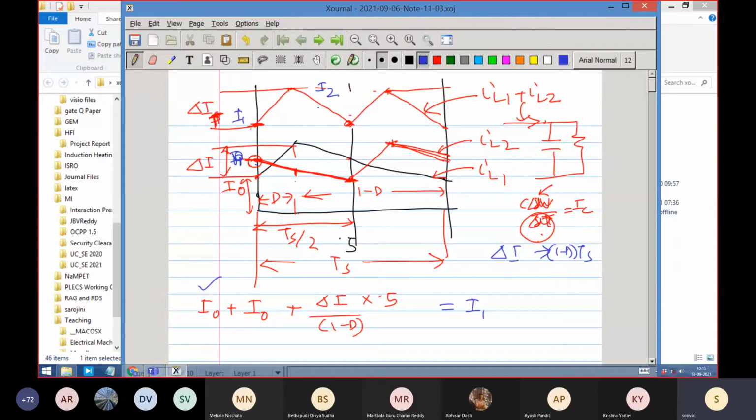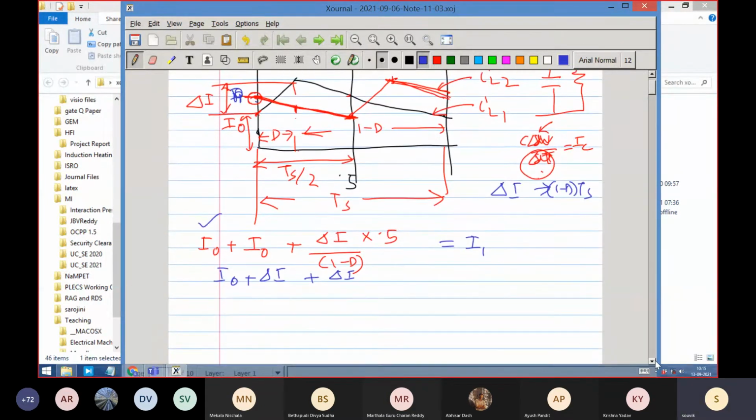So I2 is how much? Due to the black current, it would be I naught plus delta I. And due to the red current, it will be again this delta I by 1 minus d, that is the slope, and the duration is now 0.5 minus d. 0.5 is the full one, between this point and this point, and this is d, so the duration is 0.5 minus d.